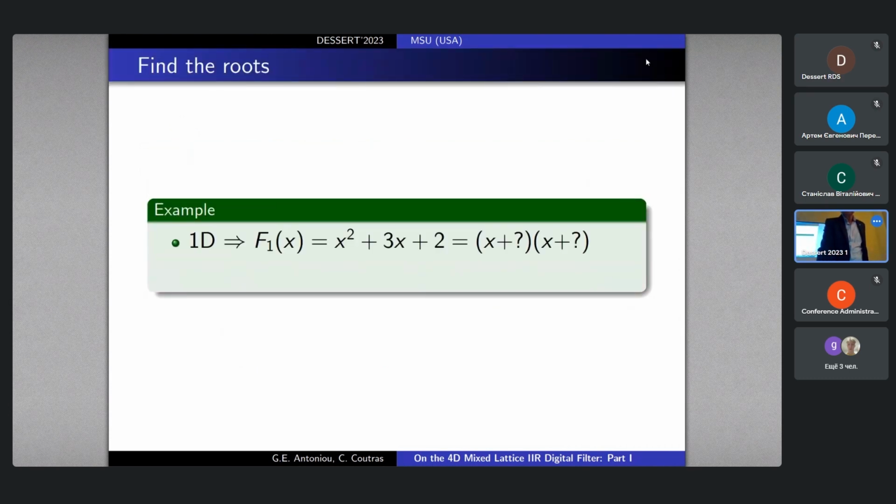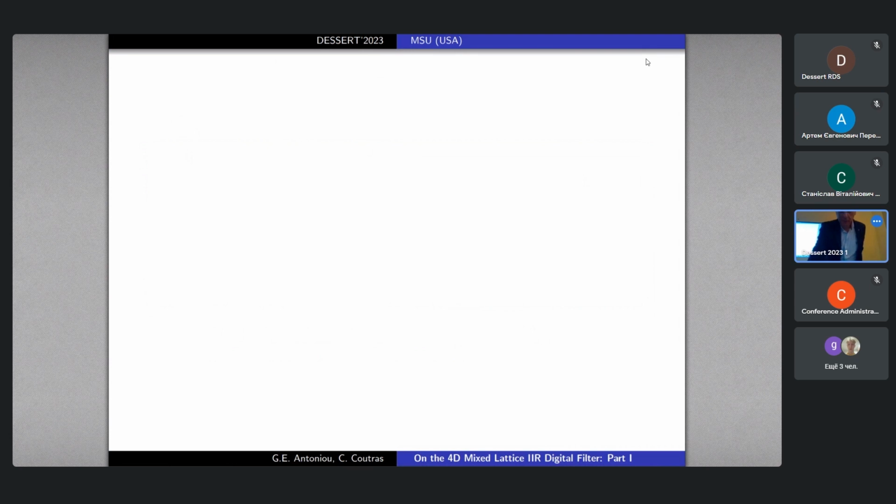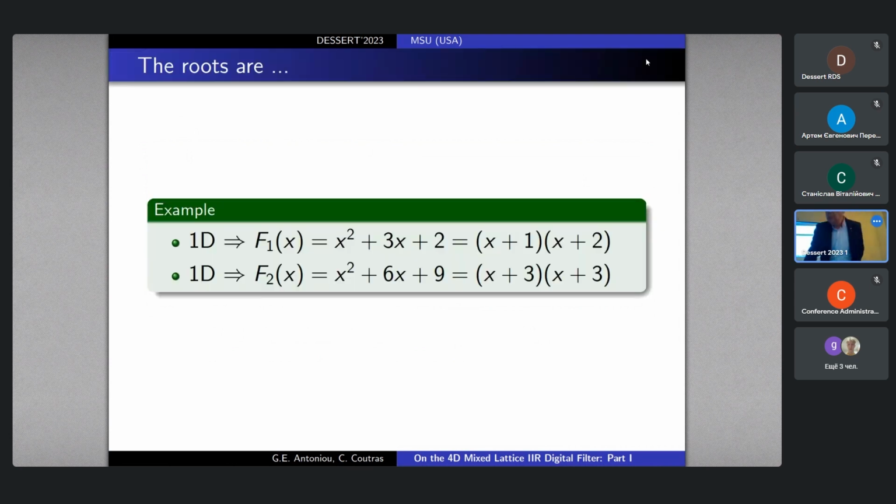Example. For this, it is easy to find the roots. It is 1, 2, I'm sorry. For this, it is 1, 2, 3, and 3, double.